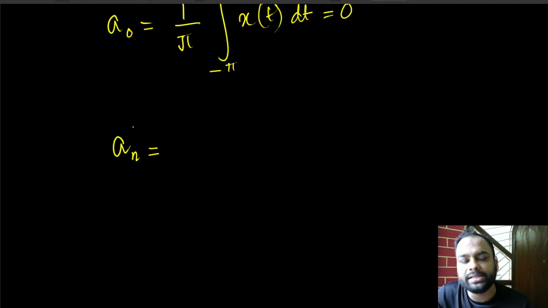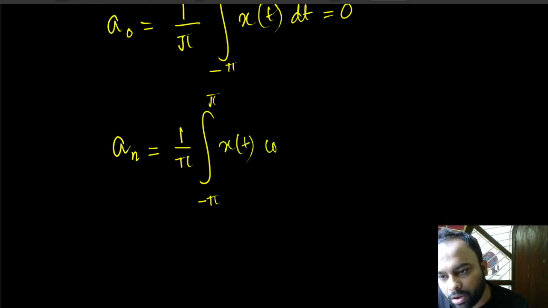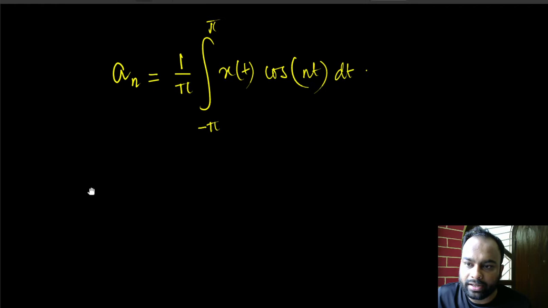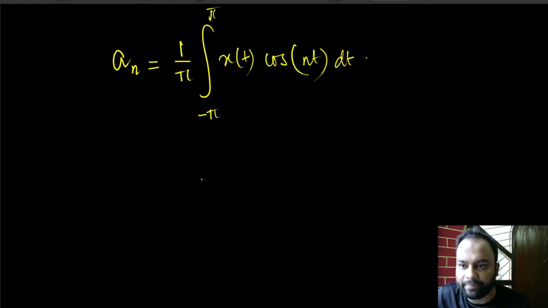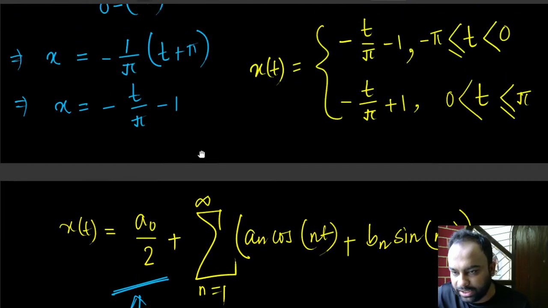So an is the coefficient for the n radian per second cosinusoidal component, and that's given by 1 by pi, integration from minus pi to pi, x of t cos nt dt. With that said, if you put this expression here, we would see something very interesting.